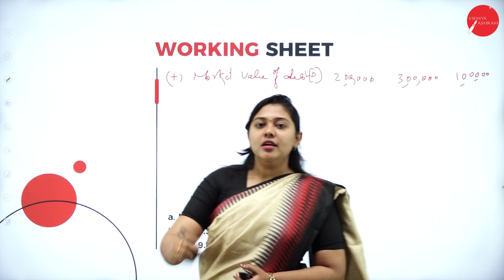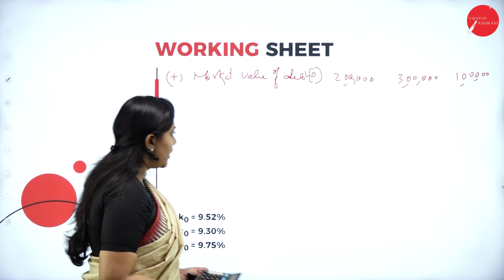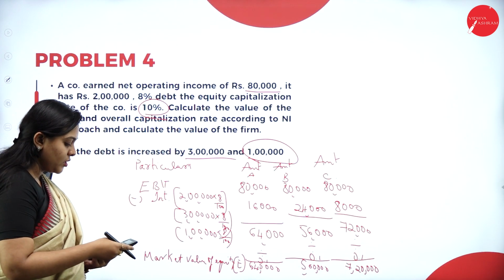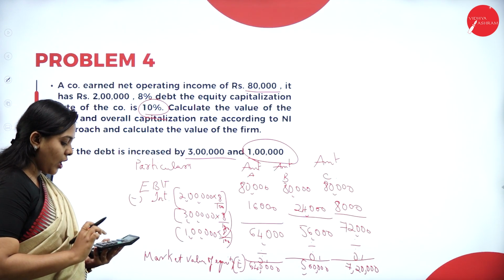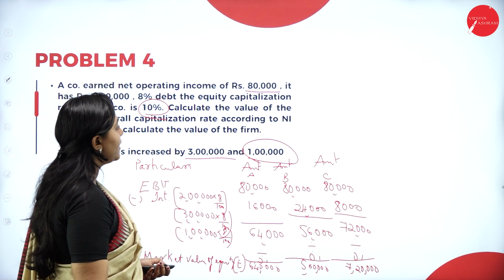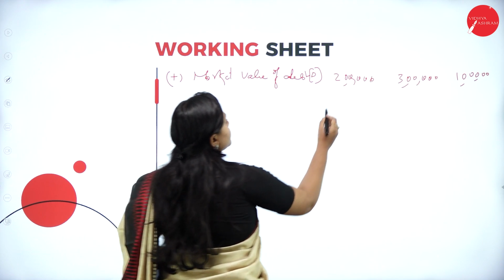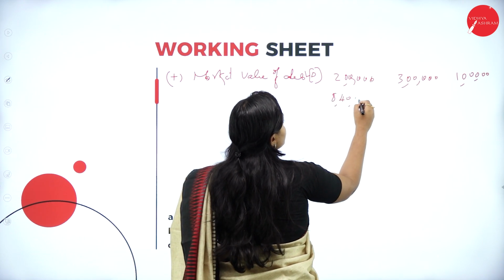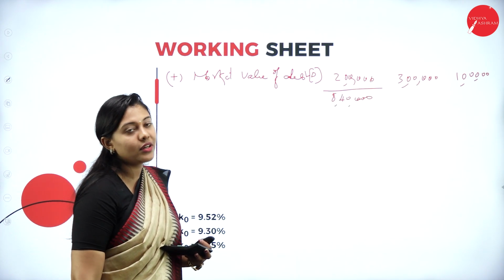Now let us add the value, market value of equity, 2 lakh plus 6,40,000. It will be how much? It will be 8,40,000. 8,40,000 is what? Your value of the firm.